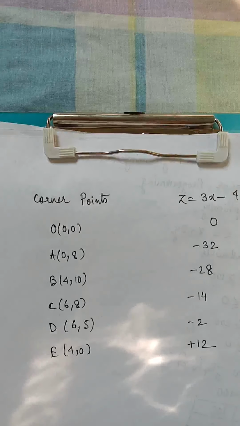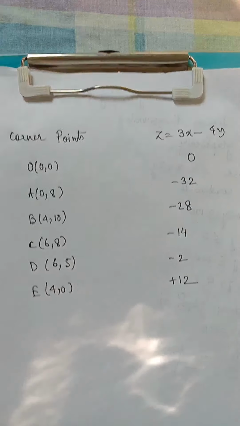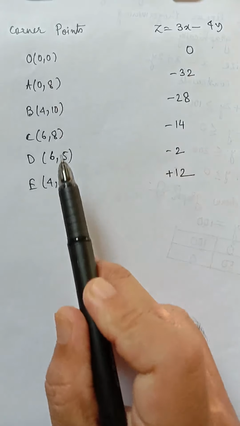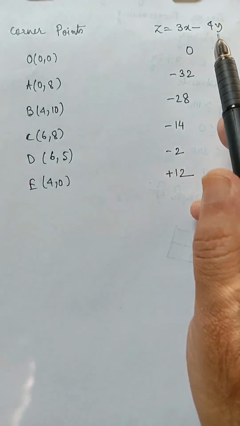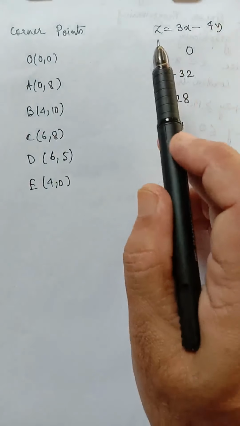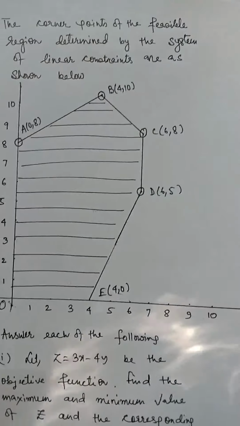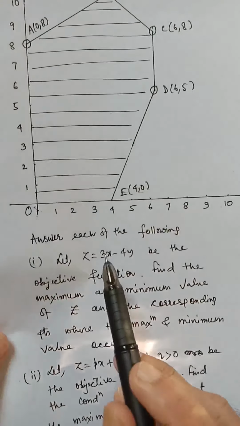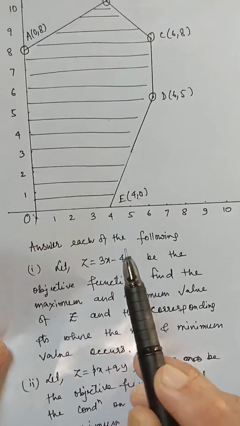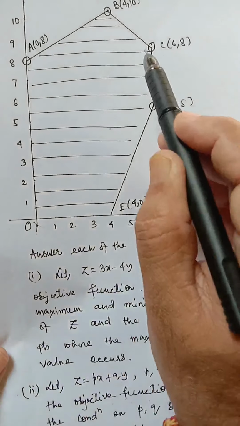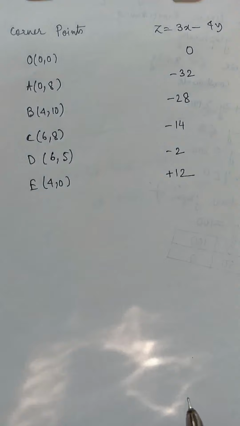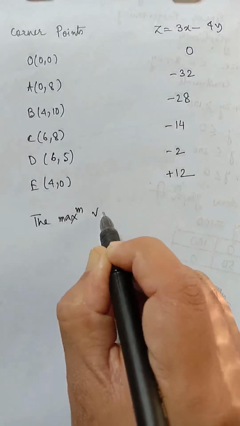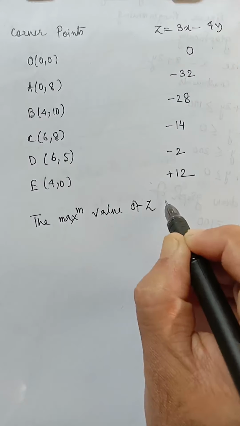So here I have calculated the values of z at the corner points. These are the corner points, and as z equal to 3x minus 4y, I have calculated the values of z at all these corner points. 0, 0 is also a corner point. Now you can see the maximum value of z is equal to 12.